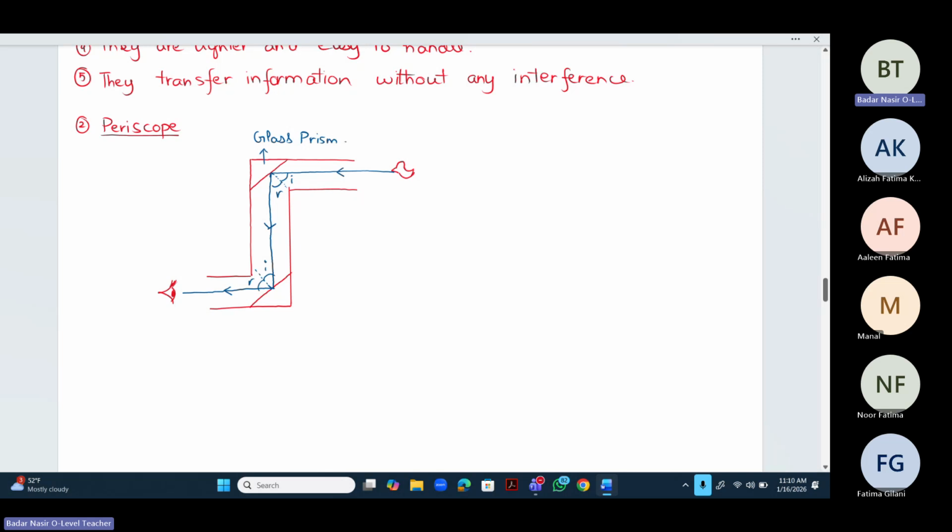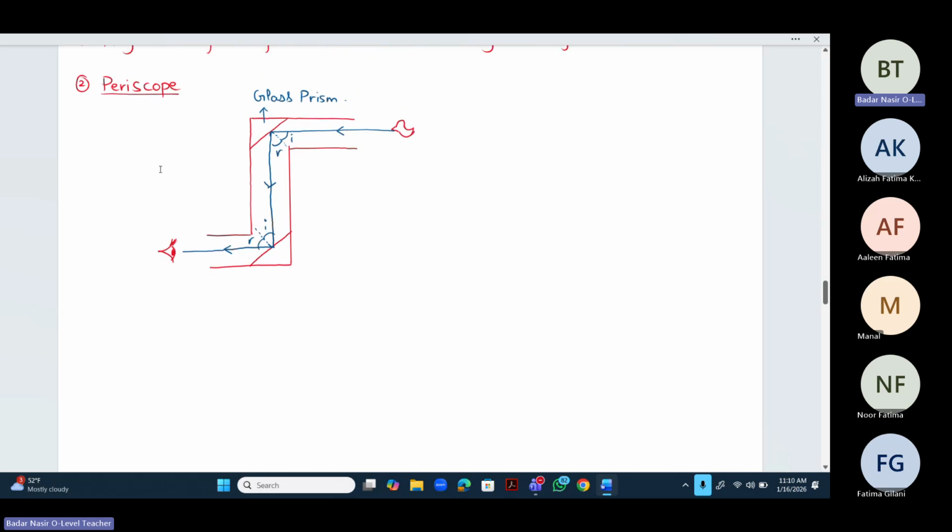Now let's do a few numericals and questions that involve the critical angle as well. So the first question is, let's say, the critical angle of glass is given as 42 degrees. Now we have to calculate, first, the refractive index.